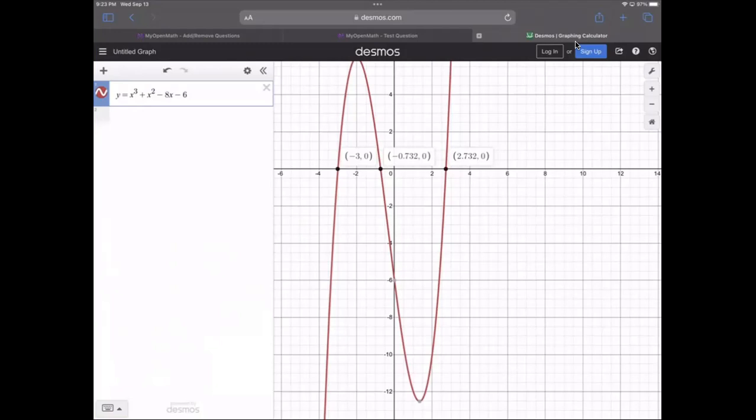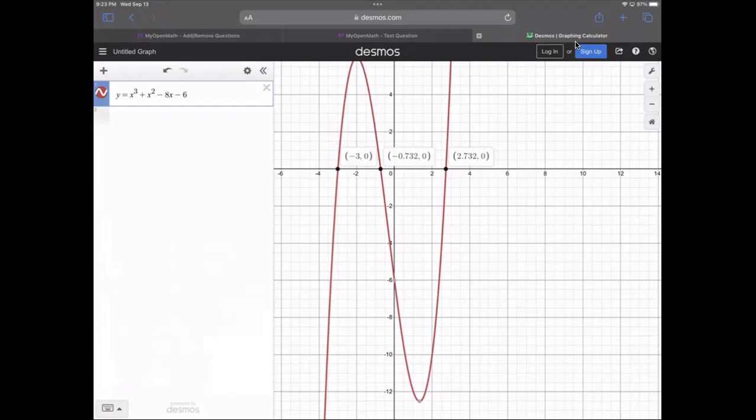Those are rounded decimals. The decimals actually go forever at those locations, and even Desmos can't tell you the exact answer. So we have to get it using the techniques I'm going to show you. But notice one of them is just at -3, and that's the one they gave us. And the other 2 we're going to have to find using these techniques.